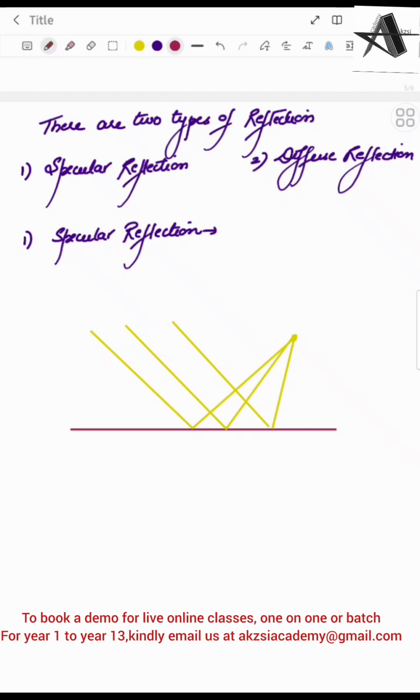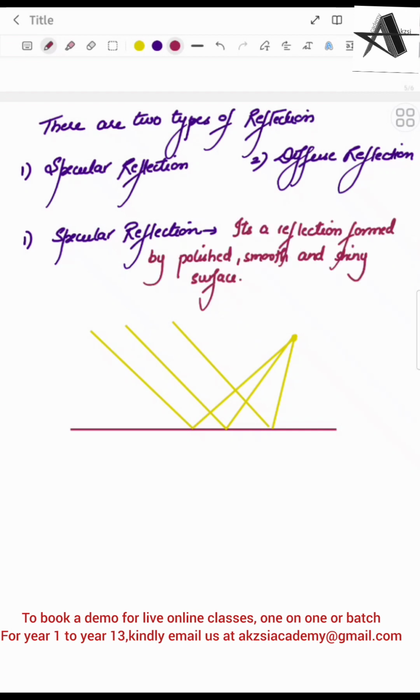So how can we describe specular reflection? It's a reflection formed by a polished, smooth and very shiny surface. Because in this shiny surface the absorption rate is very low, and if the absorption rate is very low, the maximum light will be reflected. To be honest, it's not possible for it to form naturally.